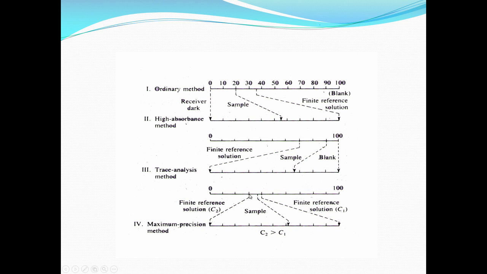So, what I do is I select this 30% as 0% by mechanical means, by allowing more light, and 40 I adjust to 100. Anywhere in between can be more accurately described, where the concentration can be increased and analyzed properly. So, this is known as the maximum precision method.